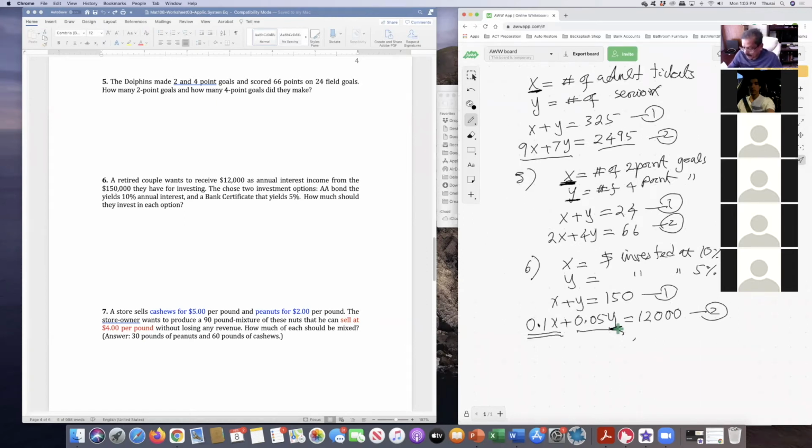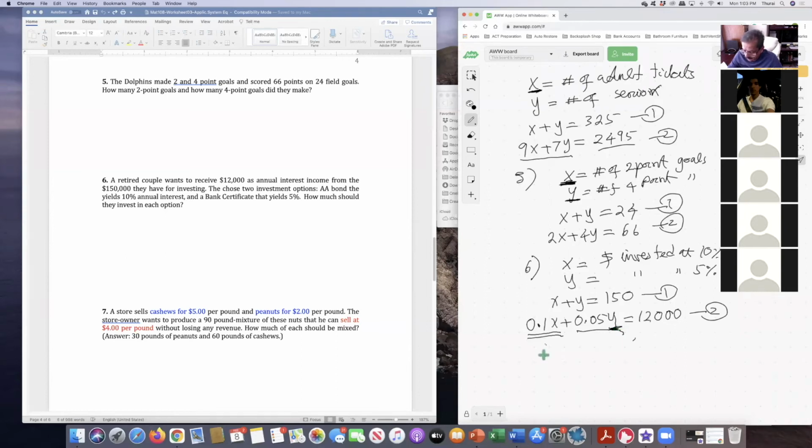So we have 2 equations, and now we can solve it by elimination. But the second equation has fractional numbers. So what should I do first for the second equation? Multiply by 100, yes. Only then all the fractional numbers will go away.